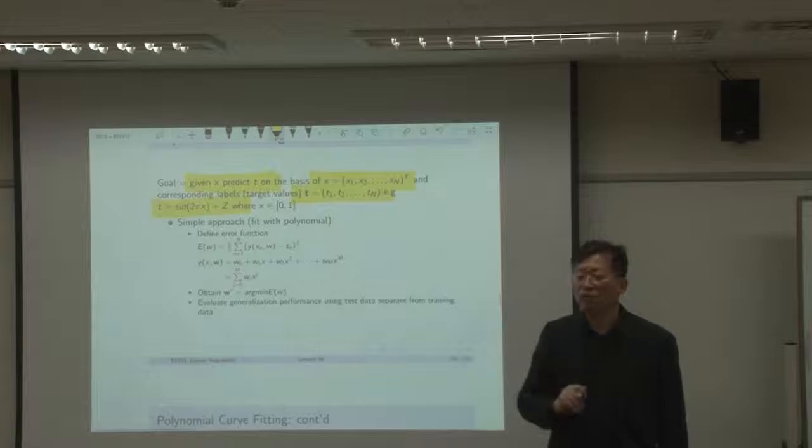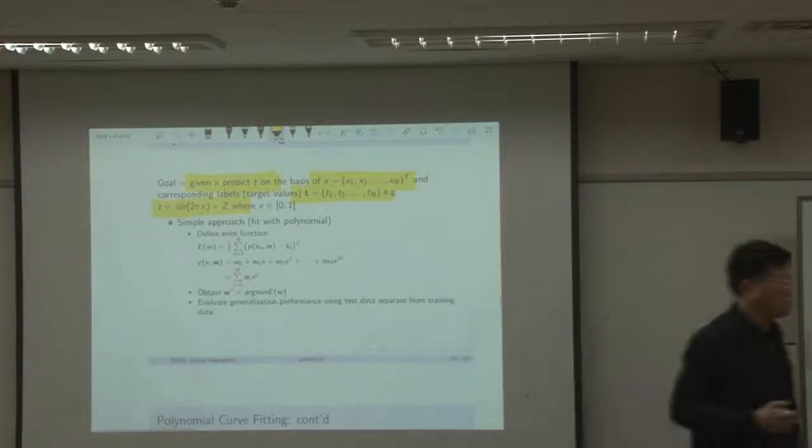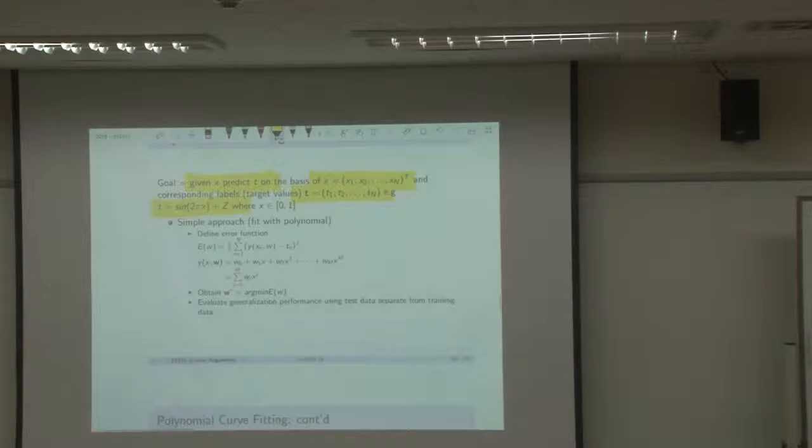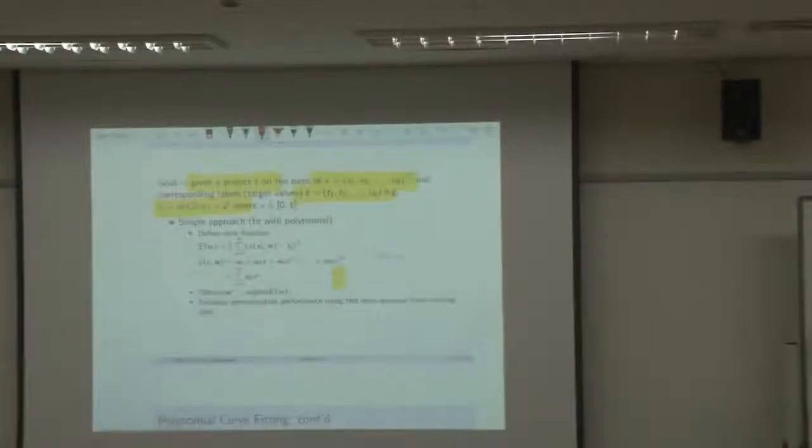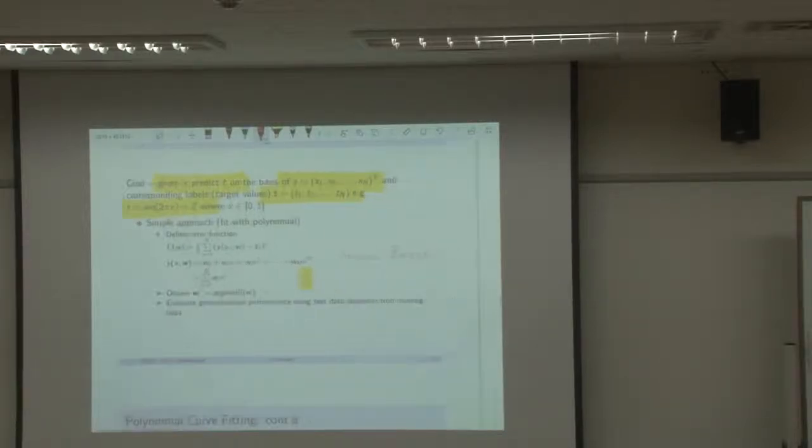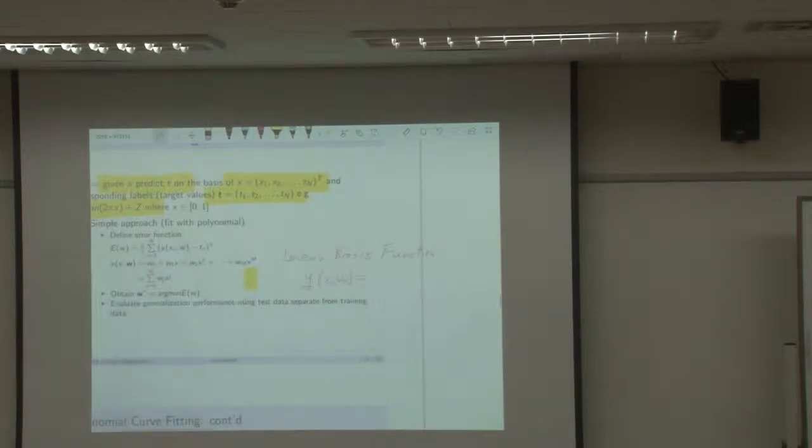In regression, our y is going to look like this.